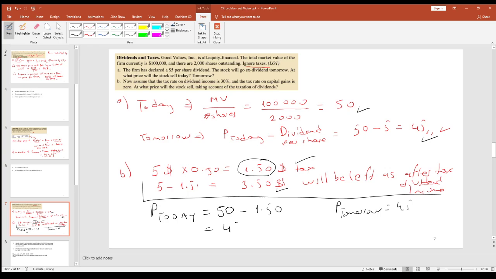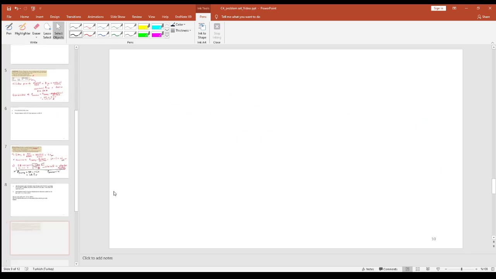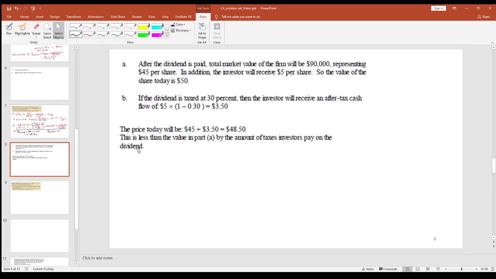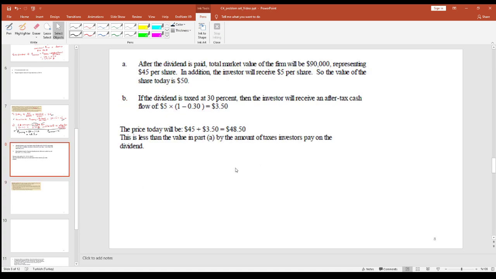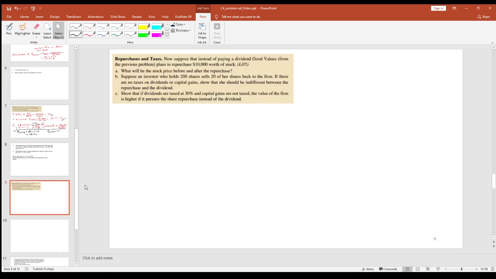So price today should be equal to 48.5 here. So okay, this is done. This is your formal solution. You can stop the video and check this out.